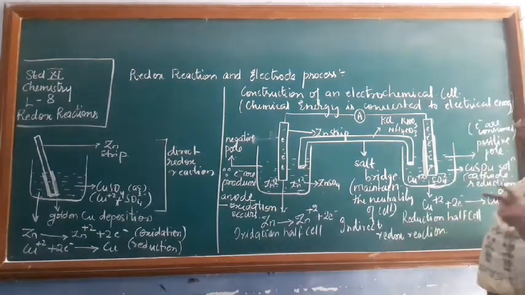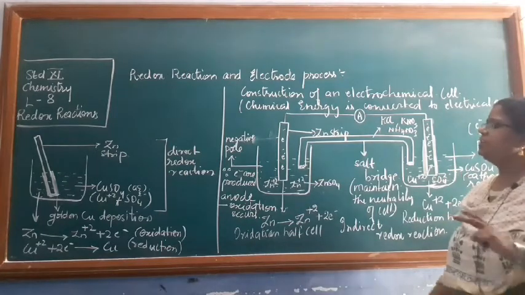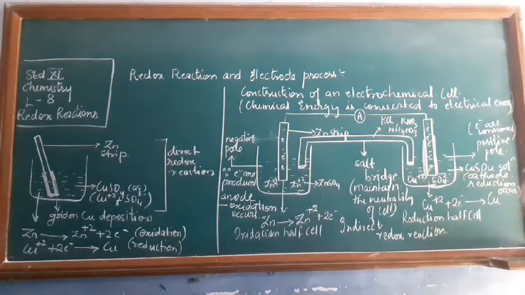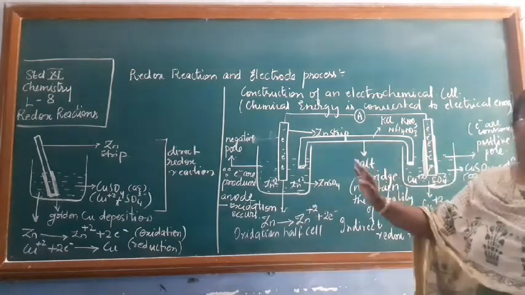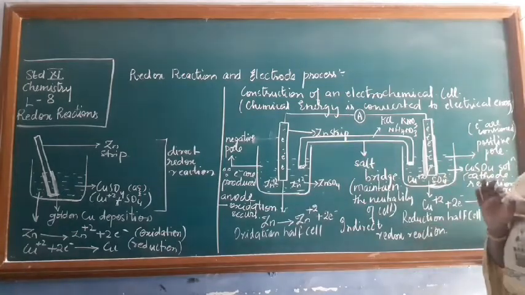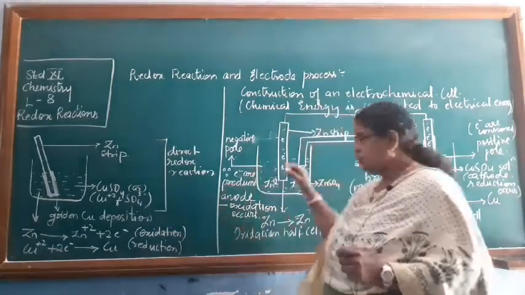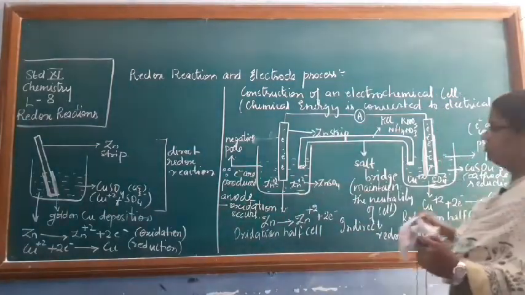Okay. Now there is a particular way to represent the oxidation half cell and the reduction half cell, and there is a particular way to represent the whole electrochemical cell. So how is that? I will just rub this out so that I can write it there.